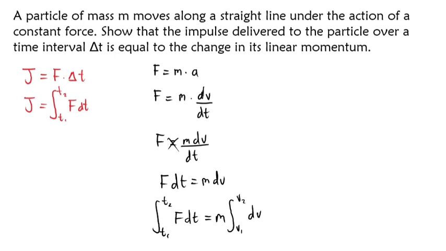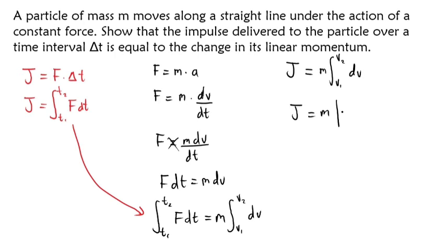Now, if you look carefully, you can clearly see that the integral that we have here is the same as what we have here, meaning that we can replace this whole thing with J. Now remember, J is impulse. So this means that impulse J is equal to mass times the integral from v1 to v2 of dv.